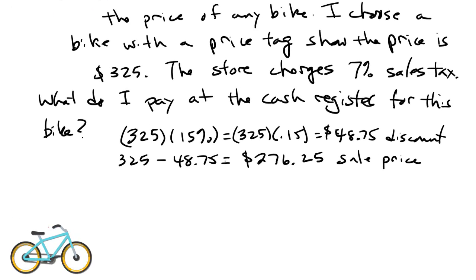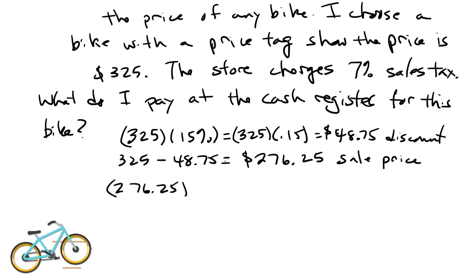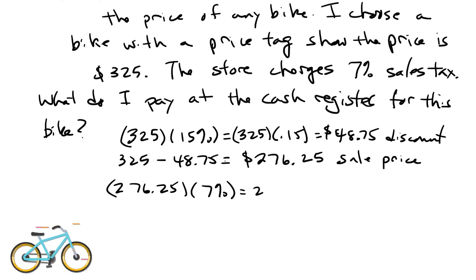Okay. Then we pick up the bike, we take it up to the cash register. They're going to ring in $276.25 and then hit the tax. So we're going to have to find out how much tax we're going to pay. $276.25 times the tax rate of 7%. 276.25 times 7% would be 0.07.